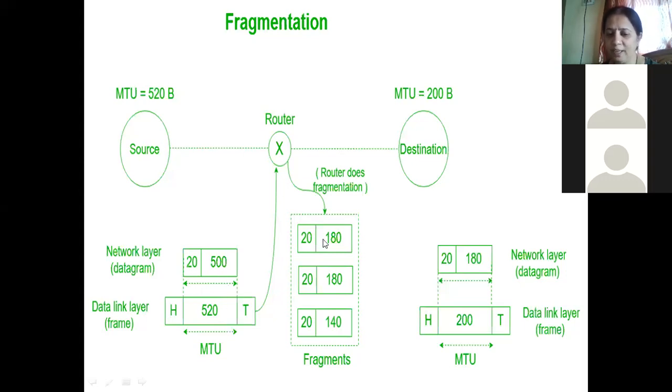Actual data is 500 bytes. So see how it is divided. One packet is 180 bytes, another packet is 180 bytes, another packet is 140 bytes. So 180 plus 180 is 360, 360 plus 140 is 500. So total data is 500 bytes.